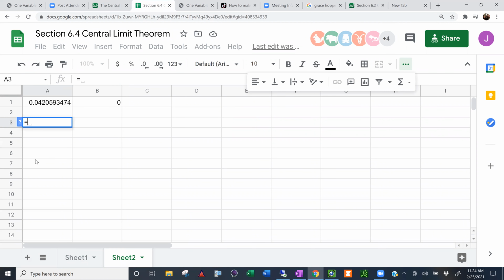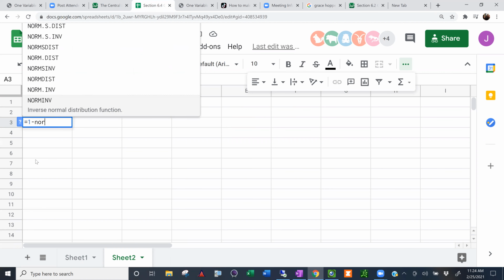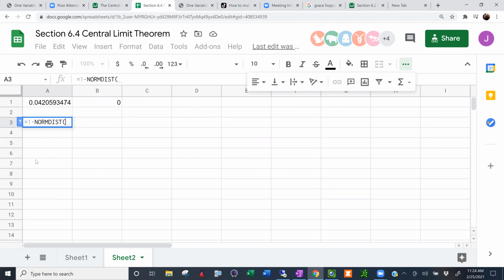Equals 1 minus norm distribution 0.8534, comma 0.8586, comma 0.0516, comma true. Boy, that's a long one. So I'll leave it up there for a good few seconds in case you're trying to copy it down.